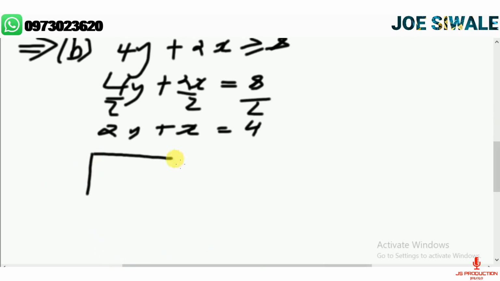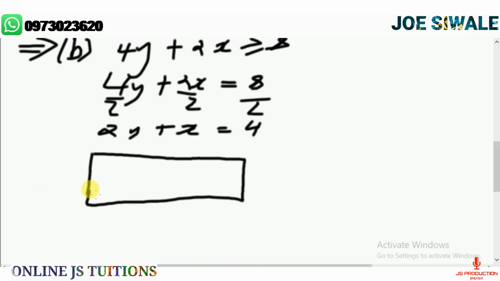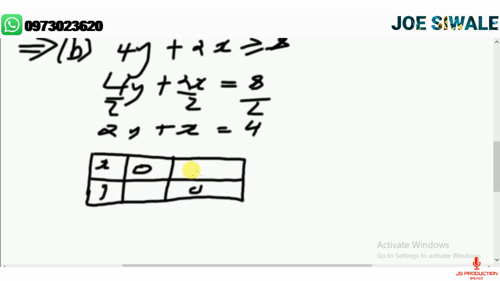Then let us write this as a small table. So I have my x, I have my y. So if x is 0, I don't know y, and if y is 0, I don't know x.